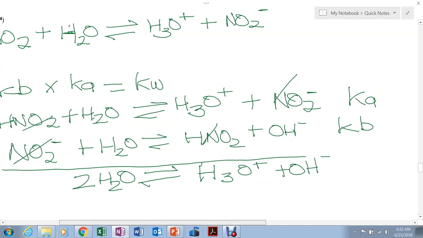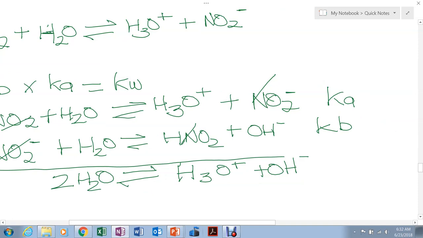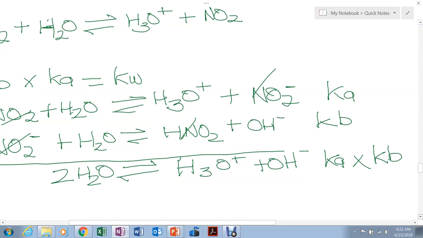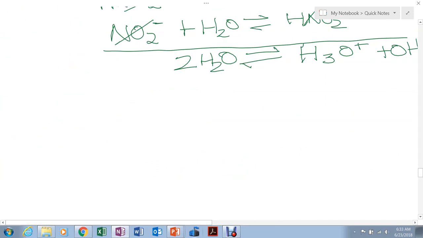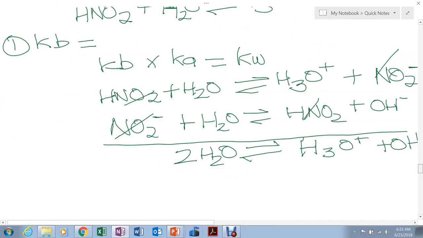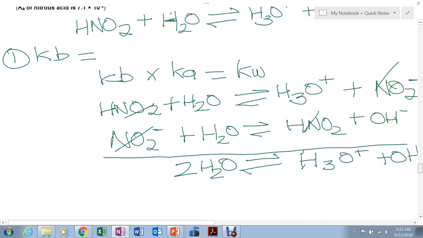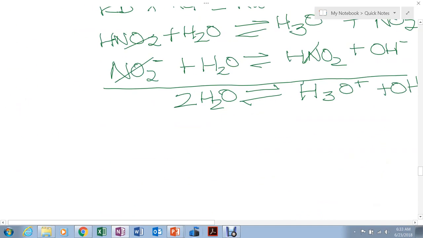And if you look at here, remember the K, when you add two equations, it's going to be multiplied. And what is that? This is Kw. That's where they got it from. Okay, so now you got that Kb multiplied by Ka gives you Kw.